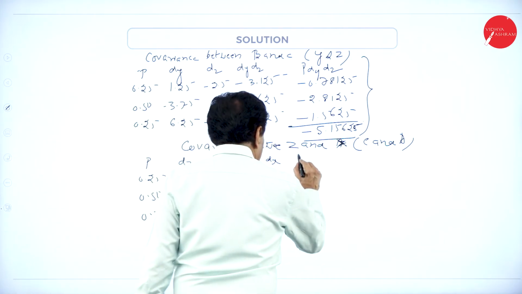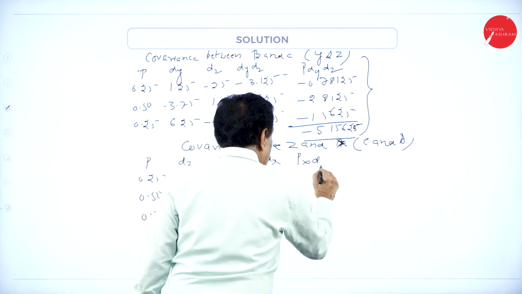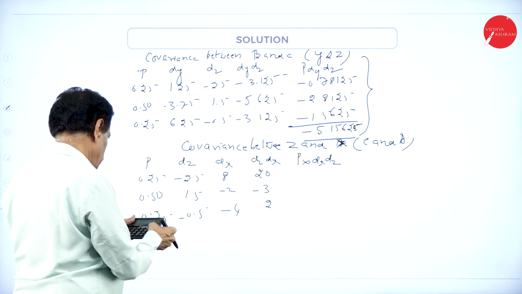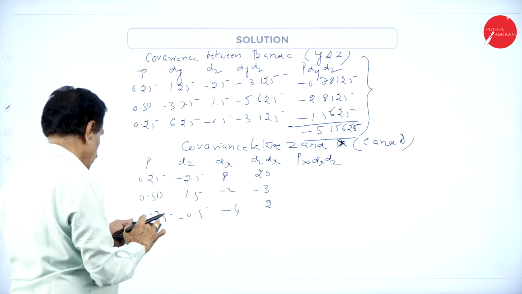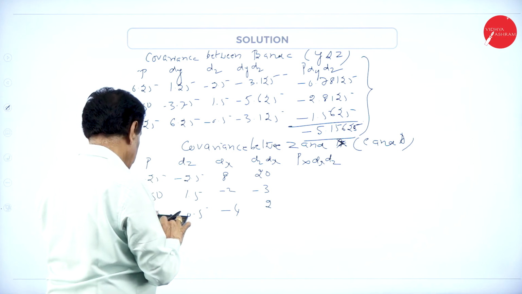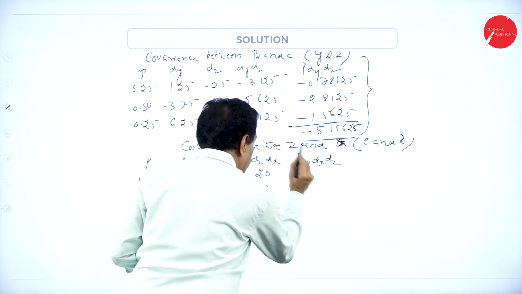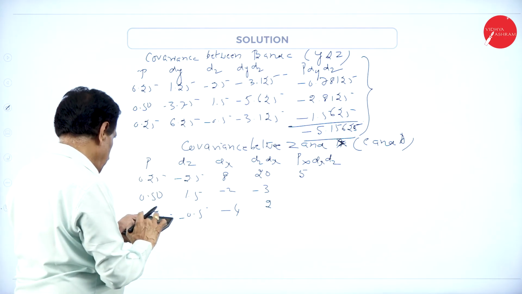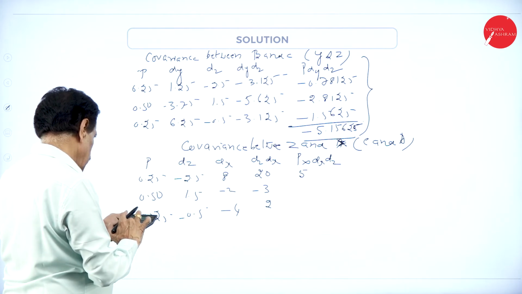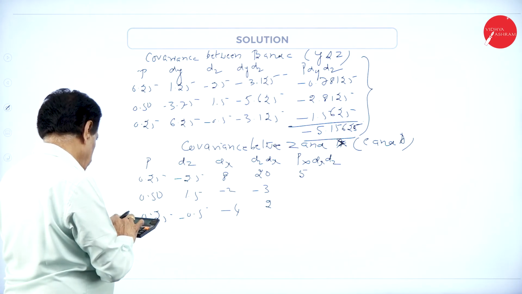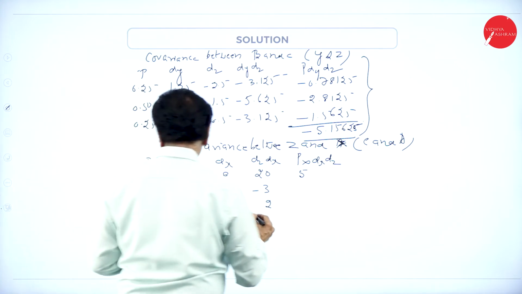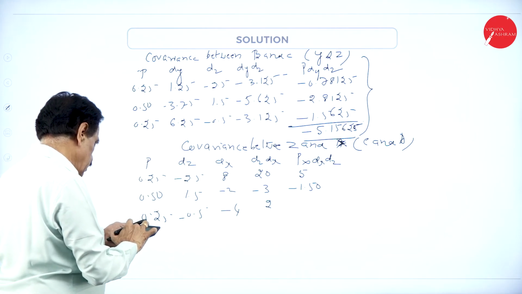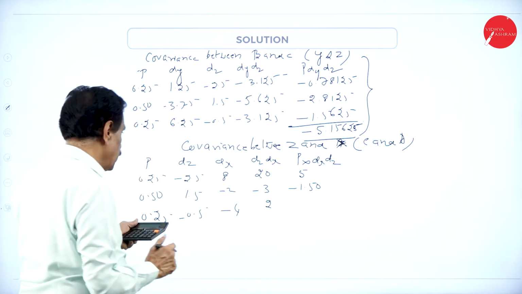Multiplied by probability: 20 into 0.25 is 5, 3 into 0.50 is minus 1.50, 2 into 0.25 is 0.5.